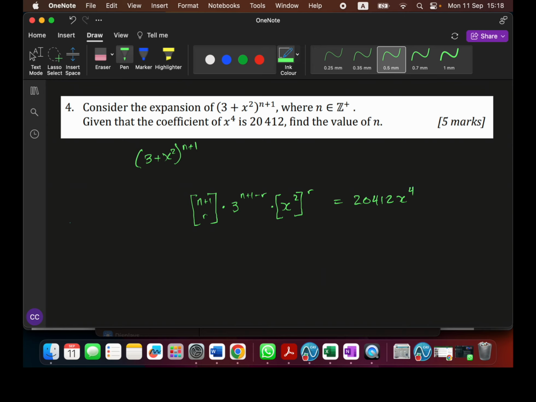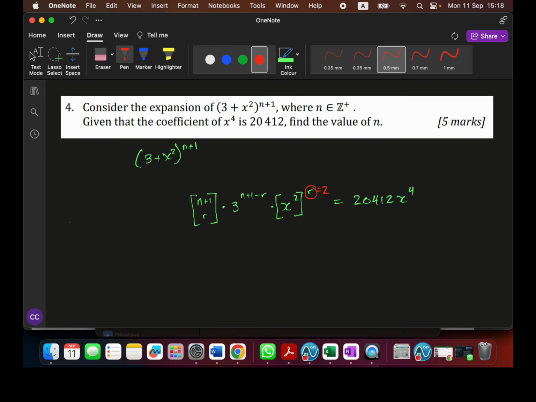Well, in order for this to happen, my x has to get to the fourth power. So the question becomes, what value of r makes that happen? Well, the only value of r that can make that happen has to be 2, right?